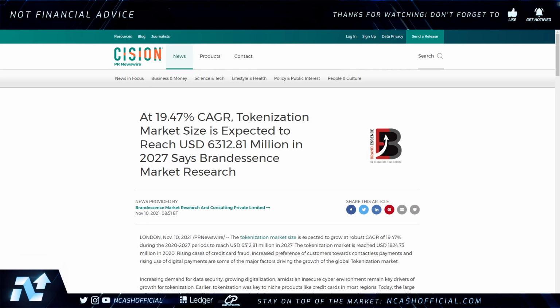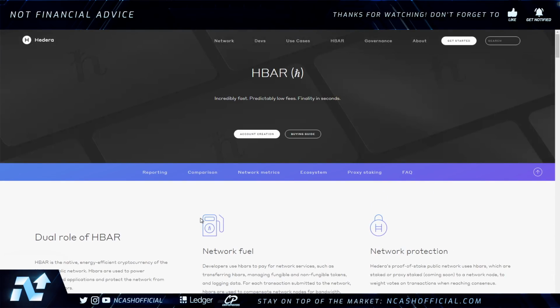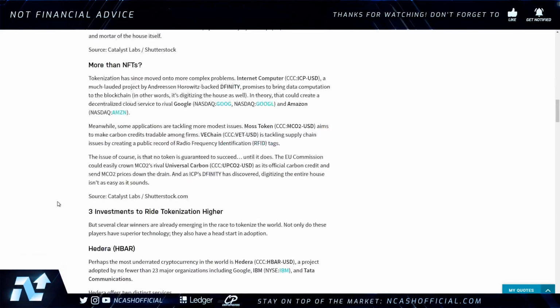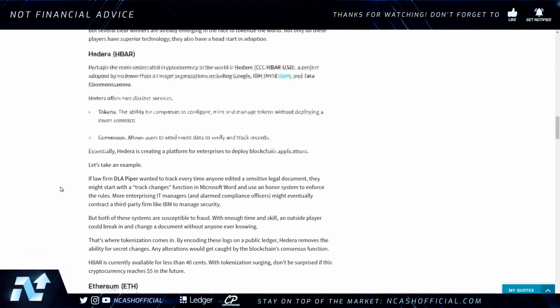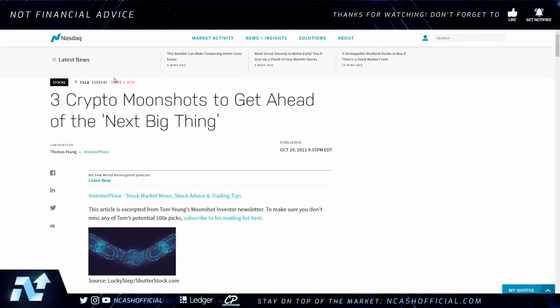And the leading name for it is going to be HBAR in my mind, because at first glance, they're doing everything in their mindset to be a tokenized giant in the space. And even they're seeing it in this article as well. They're seeing HBAR being a leading name in terms of tokenization. I don't need to tell you guys that. I've already done so many videos on HBAR talking about tokenization and how they are going to lead the way.